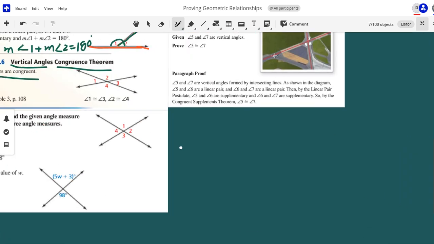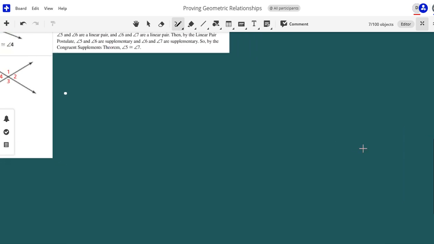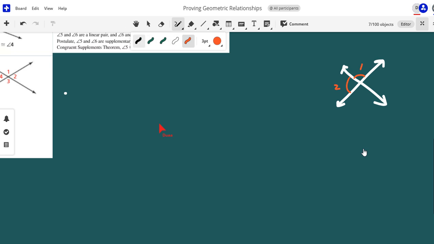Okay. So I'm writing it here. Consider this is the geometry. We are given vertical angles. Let's name them. This is angle 1. This one is angle 2. This one is angle 3. And this one is angle 4.